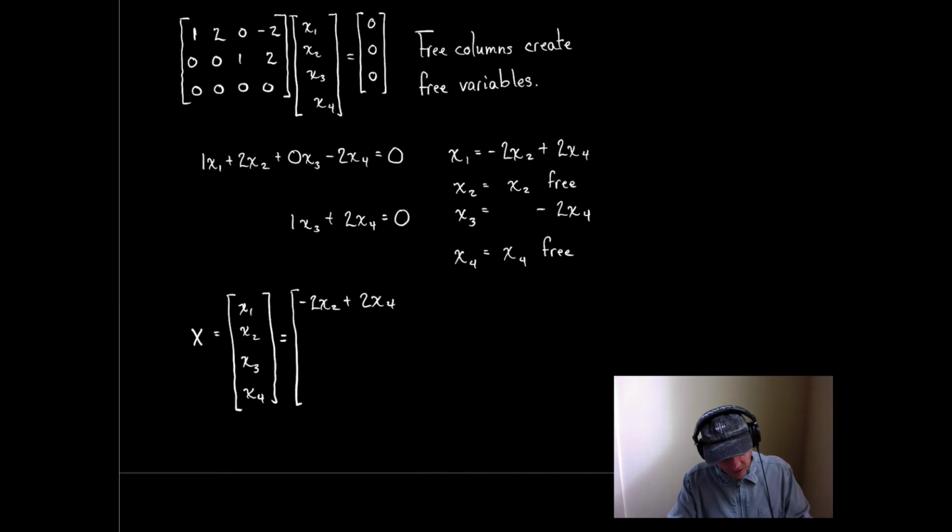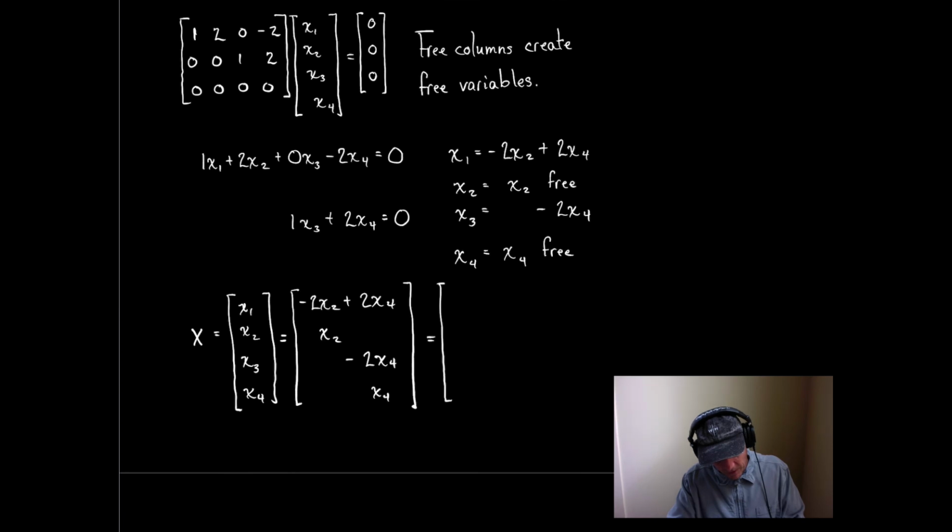We have that x2 is just x2. I'm going to line these up. We have that x3 is minus 2x4, and we have x4 is x4. Well, this is the sum of two vectors, of which one vector has x2 as its common component, and the other one is x4. So let's break this up.